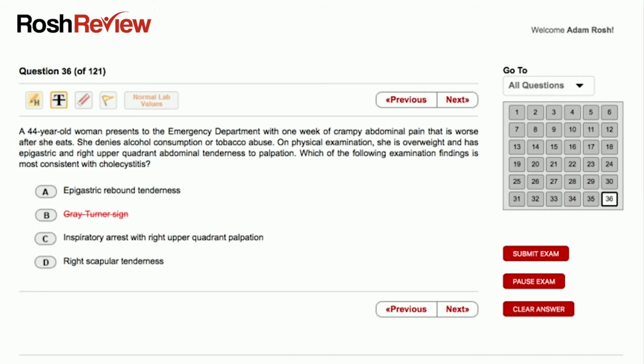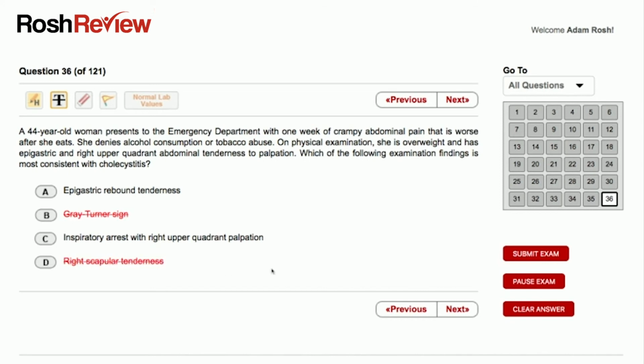And cause referred pain to the right scapular region. So the shoulder could also be involved as well. But in this case, we're not talking about that symptom as referred pain. In this case, the answer choice is tenderness, which is not the case. So I'm going to cross off answer choice D.